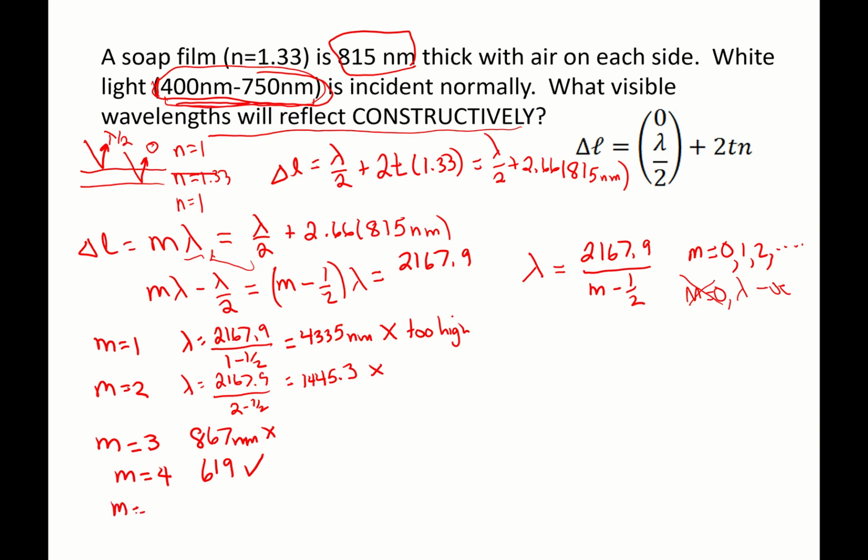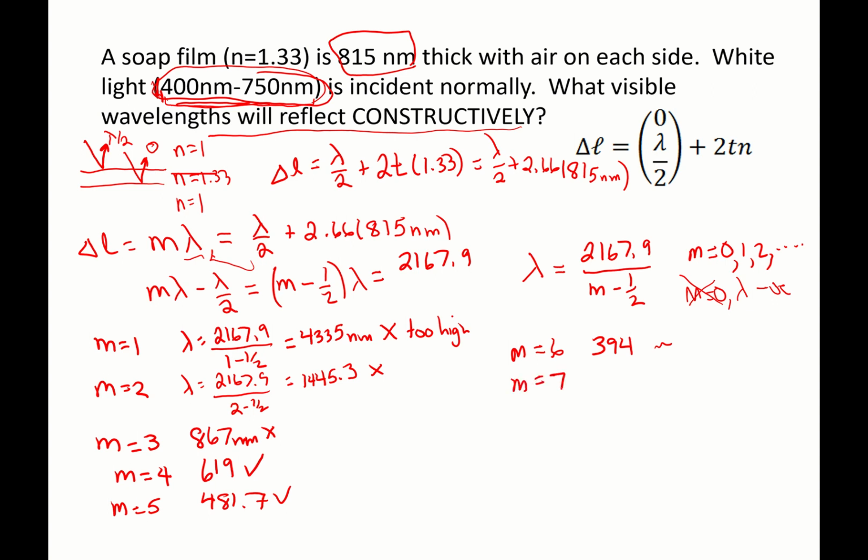m equals 5, I get 481.7. Okay, so I'm still going to see that. m equals 6, I get 394. That's sort of right. That's just a little bit below, so we probably would see that.